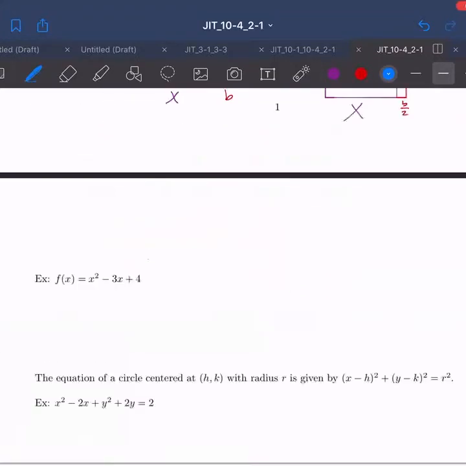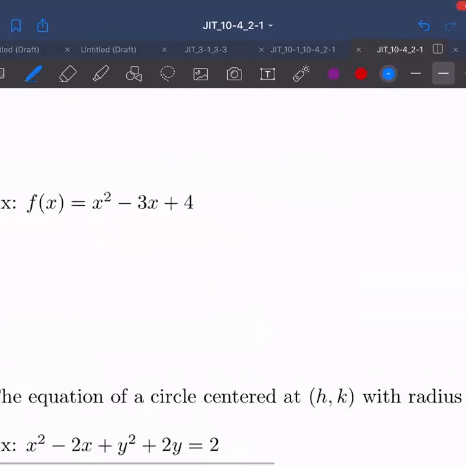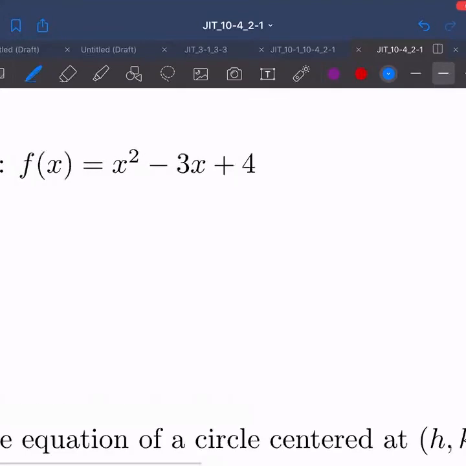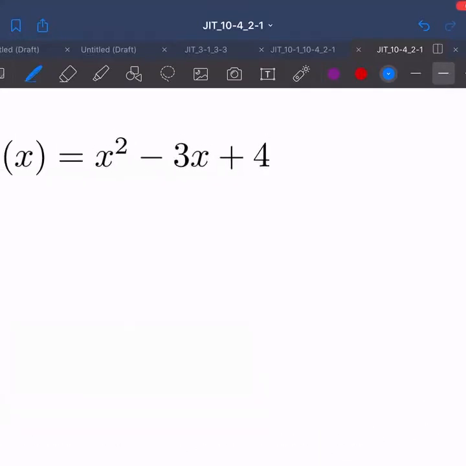All right, so we'll do some examples with completing the square. If I've got this polynomial, my a value is just 1 here.